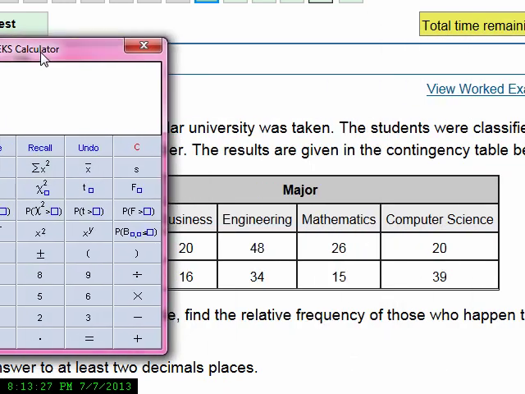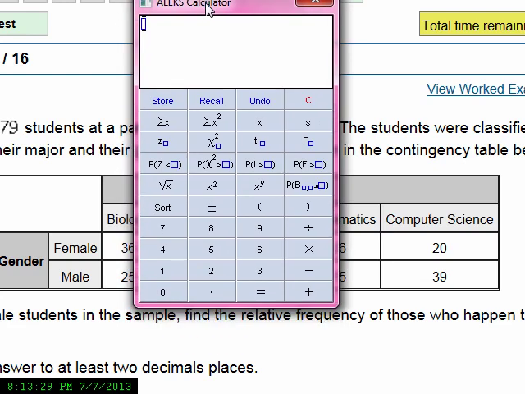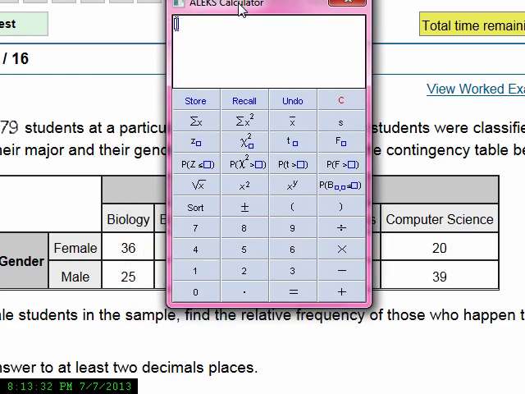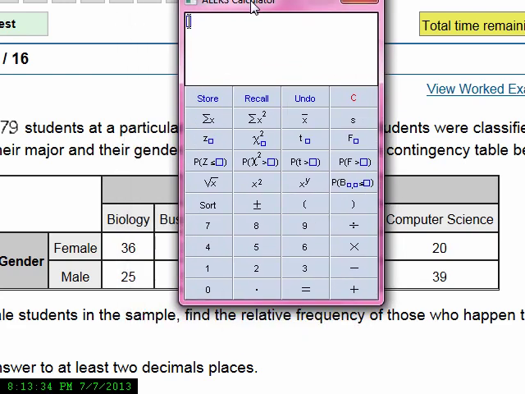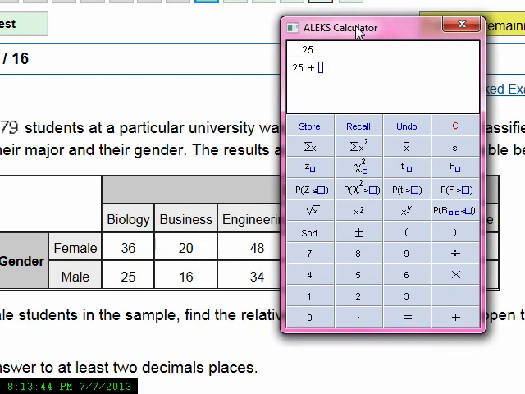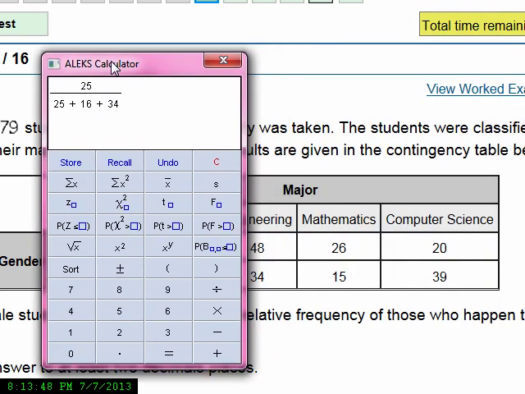I'm going to move it around so you can see it. So there's 25 for the males that are biology. So I'm going to hit divided by 25 plus 16 plus 34 plus 15 plus 39.